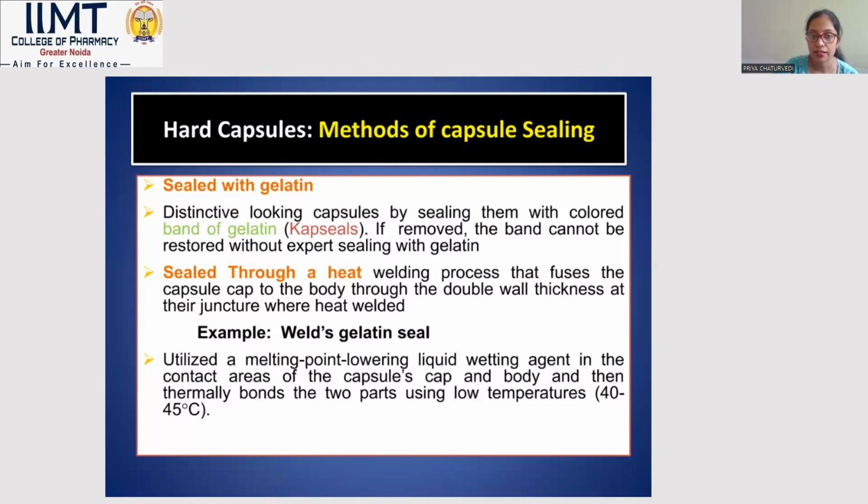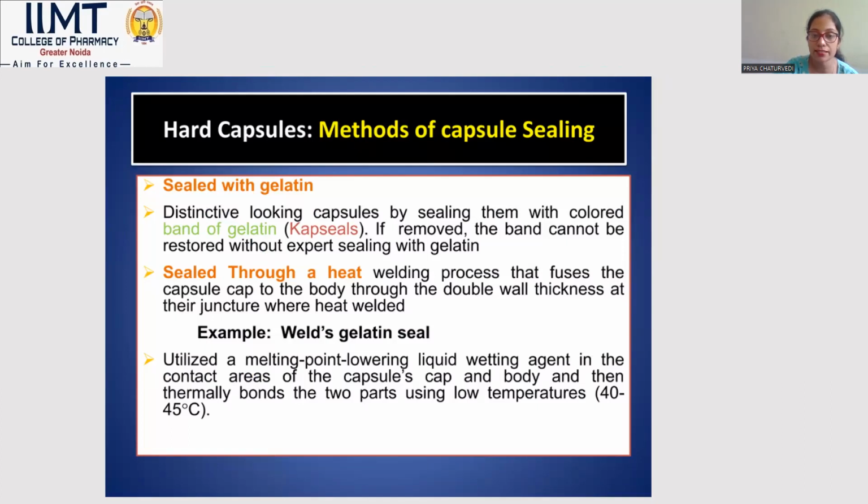Sealing with gelatin. Distinctive looking capsules by sealing them with a colored band of gelatin. If removed, the band cannot be restored without expert sealing with gelatin. It is sealed through a heat welding process that fuses the capsule cap to the body to a double wall thickness at their junctions where heat is welded.